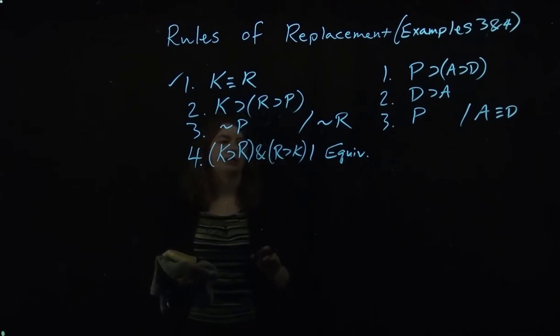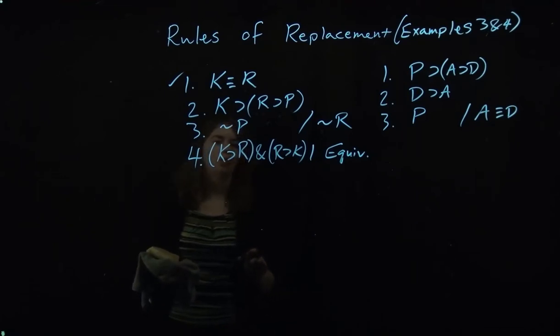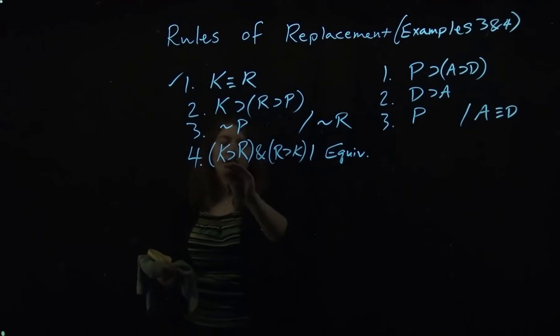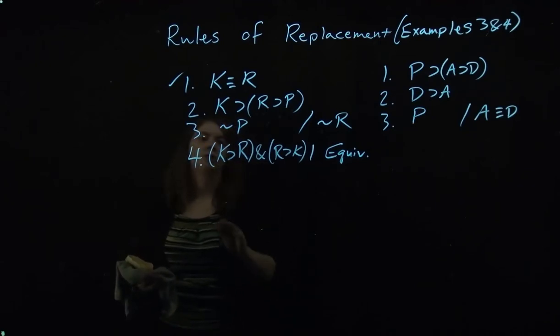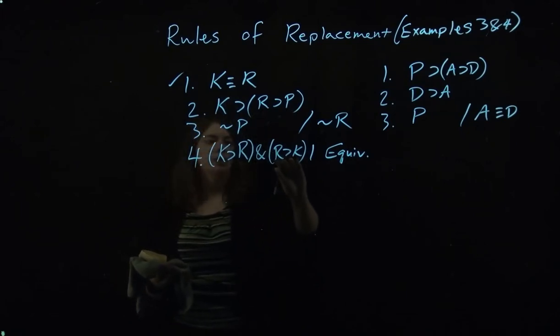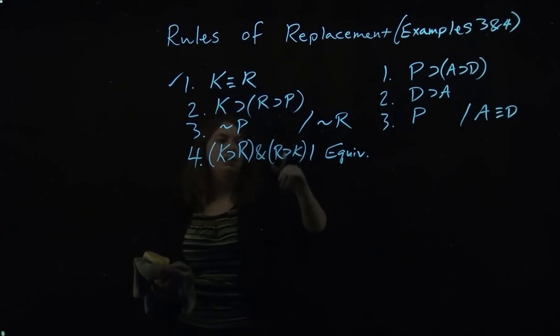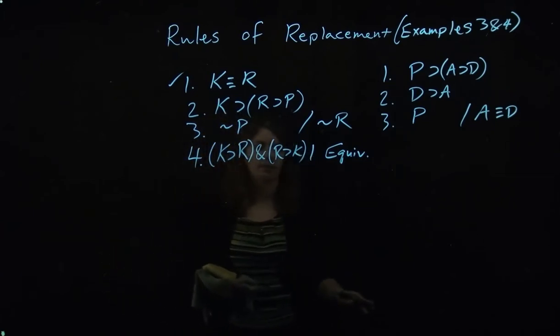Looking at line 4, you can't really do anything with the first conjunct, K horseshoe R, because it's on the same side. But if we could get this conjunct out, we could do hypothetical syllogism and get rid of the K's altogether.